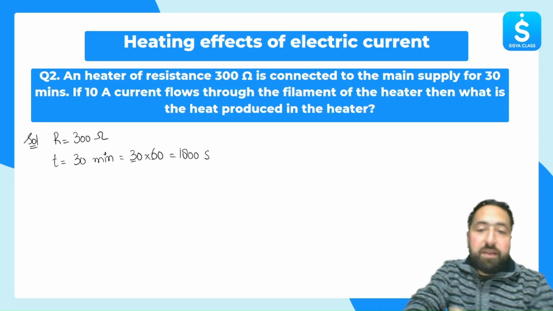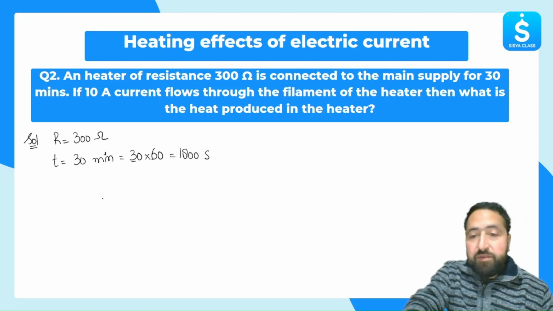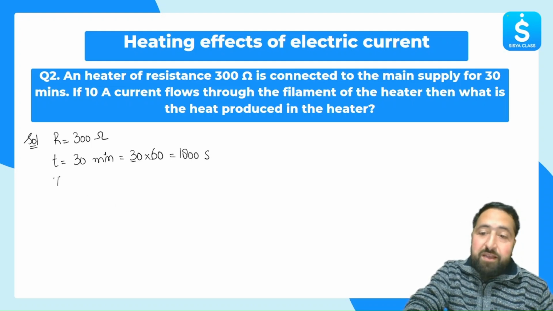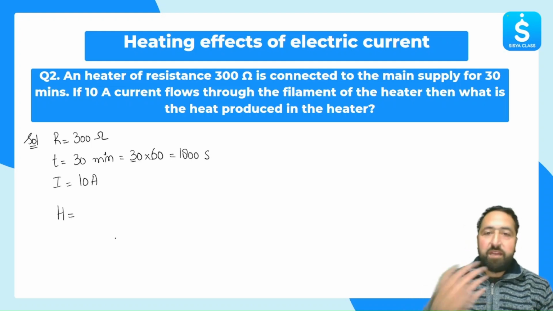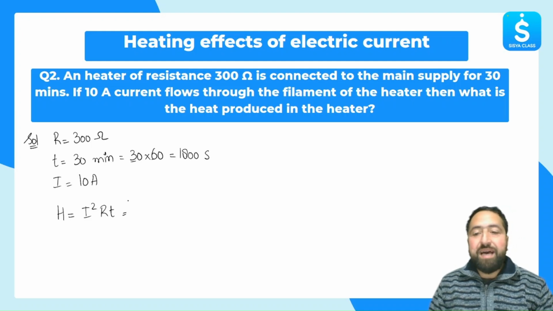If 10 ampere current flows through the filament of the heater, then what is the heat produced in the heater? So current is given as 10 amperes. Now I need to calculate the heat produced in the heater. The heat produced formula is I square into R into T. What is I? 10.